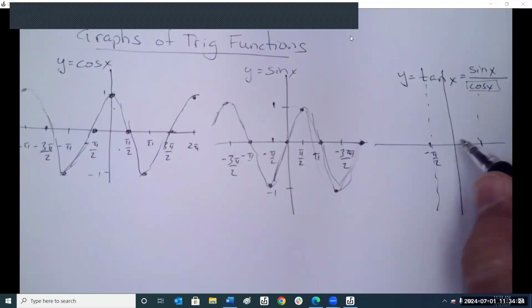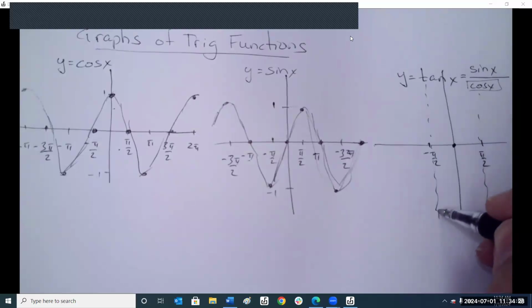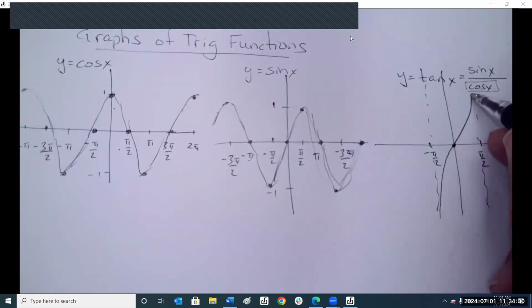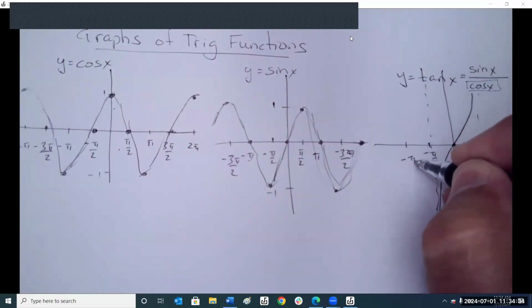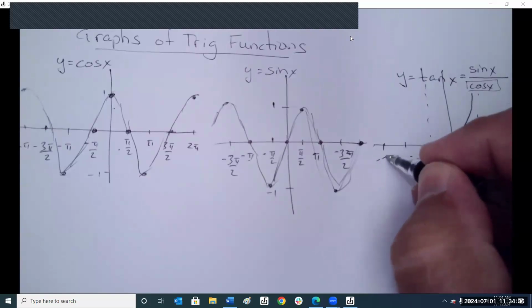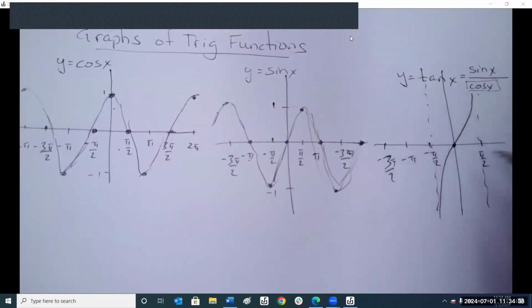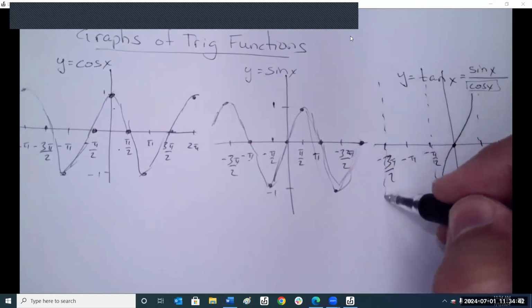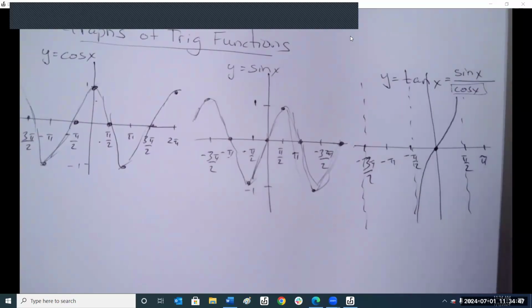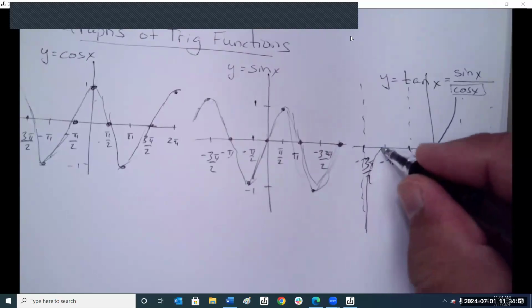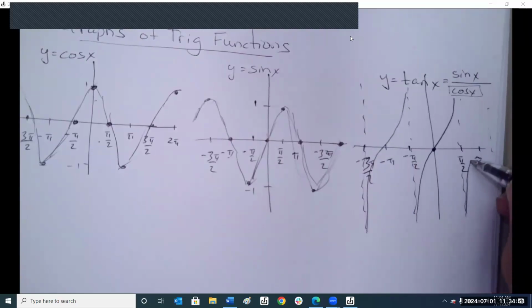So at 0, sine is 0, cosine is 1, so it's 0, and it's an increasing function. So it looks like this. And there are asymptotes at every pi over 2 unit. And the graph repeats itself.